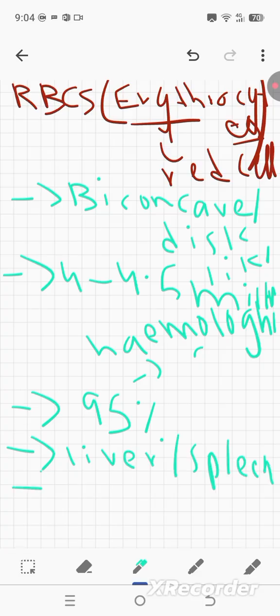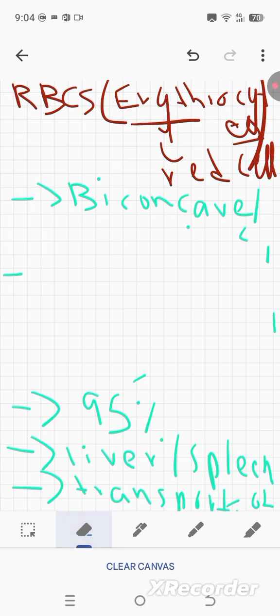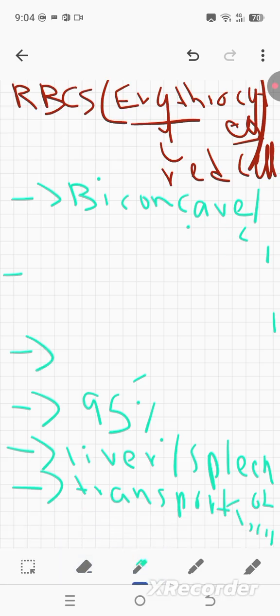The function of RBCs is transportation. What do they transport? They transport gases, O2 and CO2. The lifespan of RBCs is 120 days, or you can say 4 months.